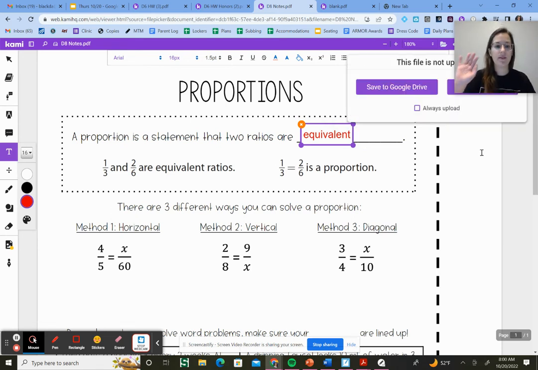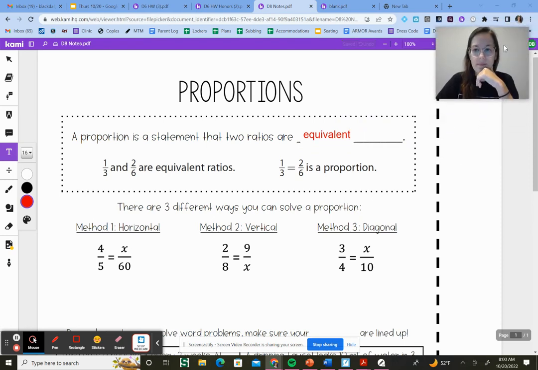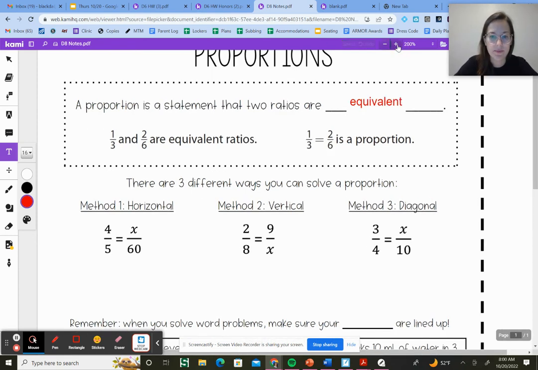So it's basically 2 ratios next to each other with an equal sign. All right, so we've already talked about the horizontal method. I'm going to show you 2 other methods as well to solve proportions.